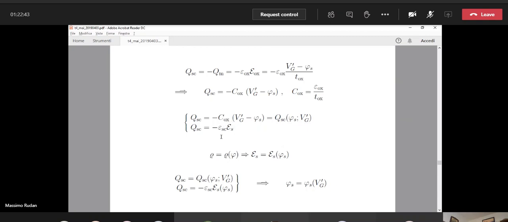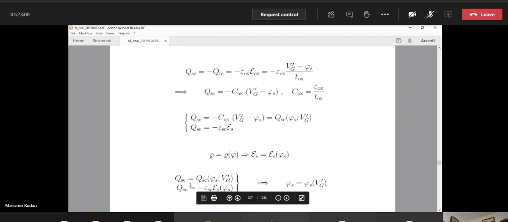But as we shall see in a minute, if we solve the Poisson equation in the semiconductor, which we did not do yet, we can find a relation between the surface field and the surface potential.